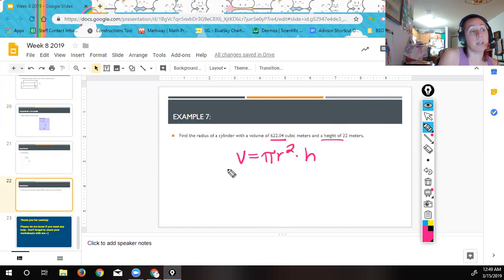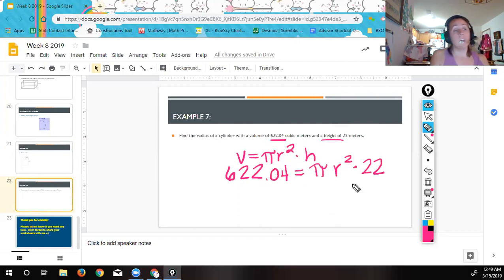So the volume they gave me was 622.04. I know pi, I don't know radius, but I know the height is 22. So 22 and pi are the things that I need to get rid of. So since they're both being multiplied by this radius squared, I'm going to divide by the 22 pi.